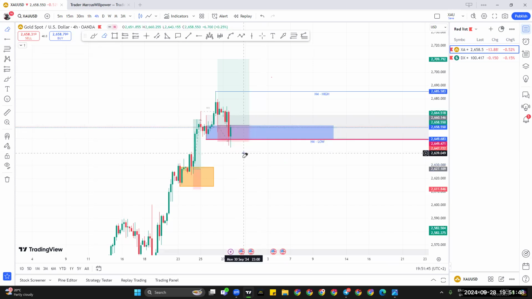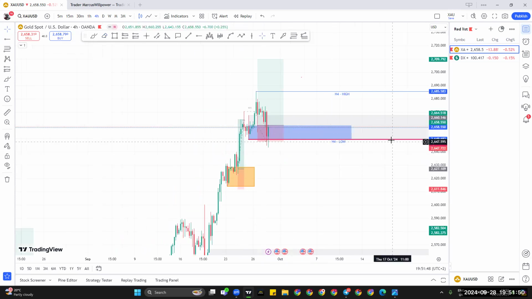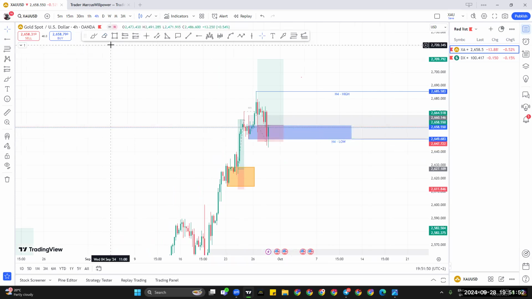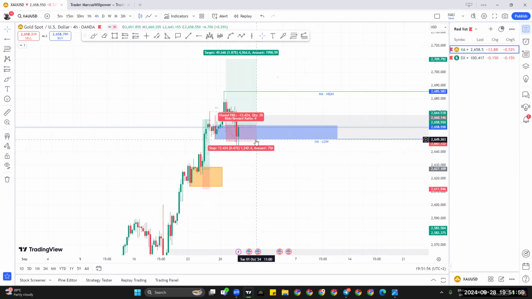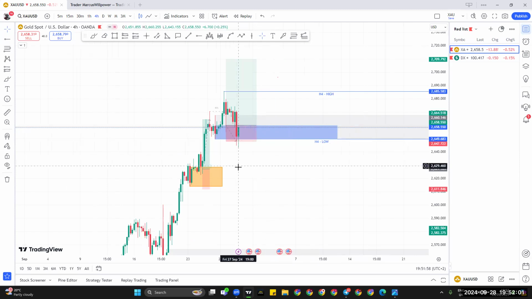So let's just switch over to the daily time frame right now. Let's just delete that. For now, this H4 low is still valid. Price did not close below, so it is still valid to continue bullish. However, I'll have to wait and see on Tuesday what the market is presenting.